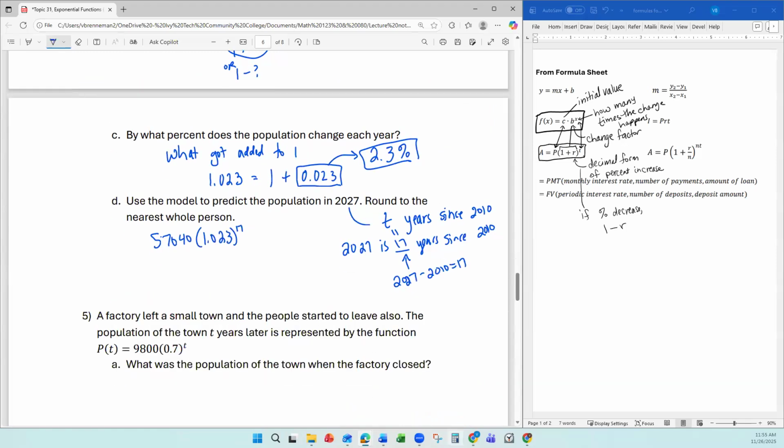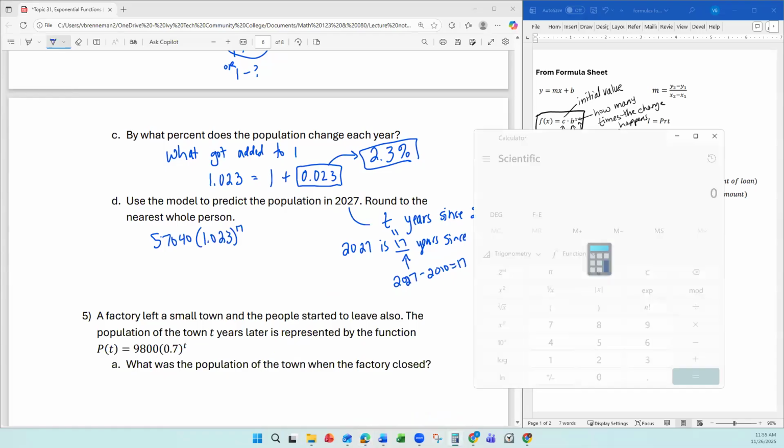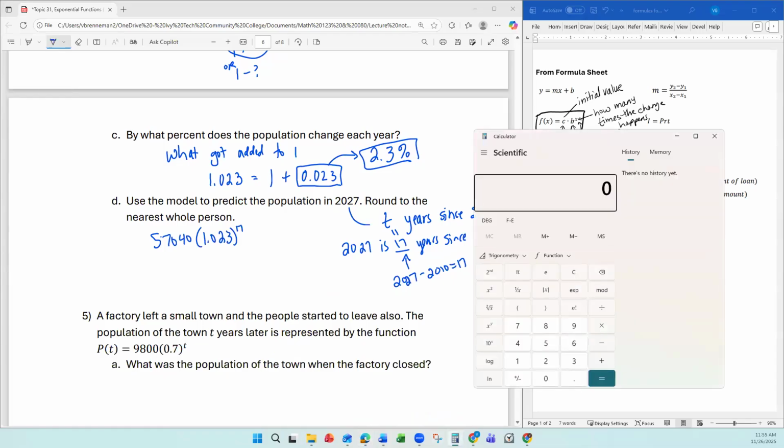And make sure whatever calculator you are using that you can do this calculation correctly. You're not going to multiply the 57,040 by 1.023 and hit equals, right? That is the order of operation. The power gets applied to the 1.023 only. So order of operation, if you're doing it one step at a time, would first be the 1.023 to the 17th power, then multiply by 57,040.